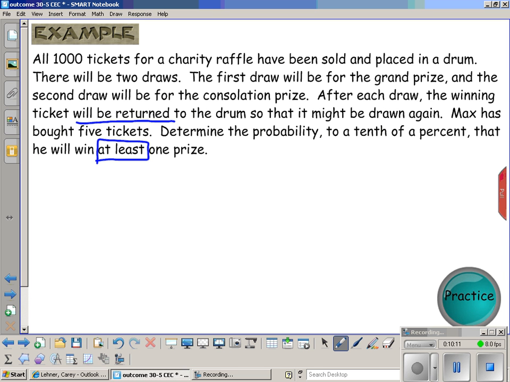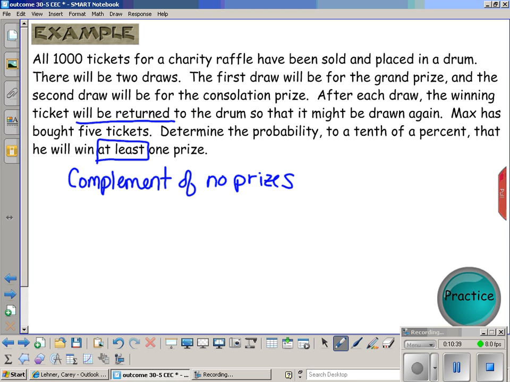The probability that he's going to win at least one prize is the complement of the probability that he wins no prizes. So if we find the probability that he wins no prizes, we can then find the difference when we subtract it from 1. So this is saying the complement of no prizes.